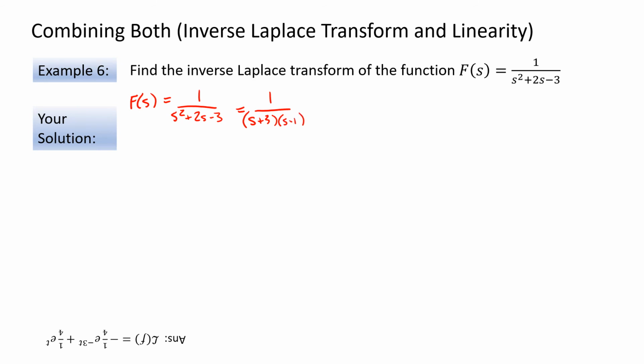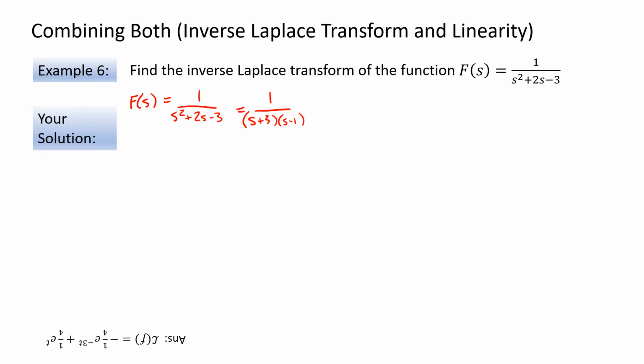Now remember, the linearity property means that two functions have to be added or subtracted to one another in order to be able to take the Laplace transform of them individually. In this case, we have two functions of s multiplied together in the denominator.